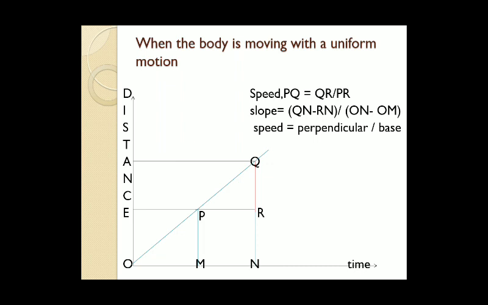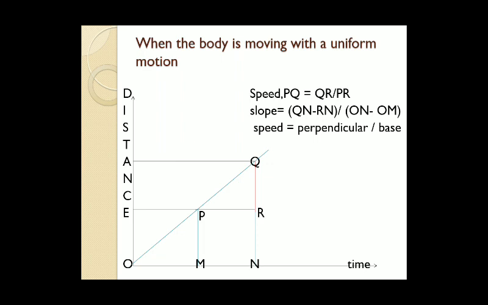In the previous classes, when we were doing uniform motion and non-uniform motion, with the help of one data table, we plotted the graph, and in that case the graph came out to be a straight line.